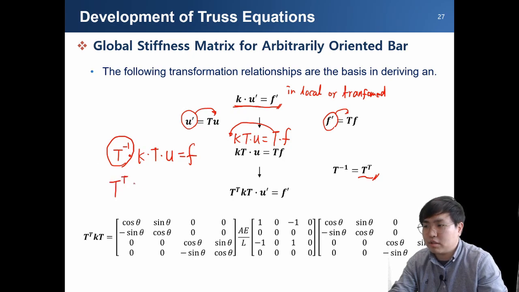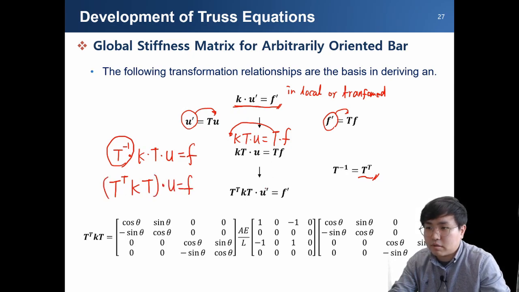So we can say this part, and then U equals F, so that I am not confusing.